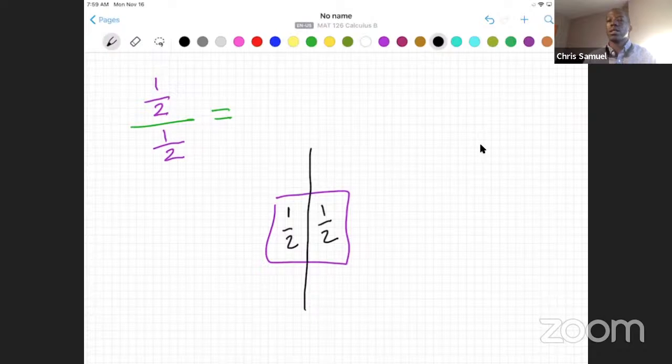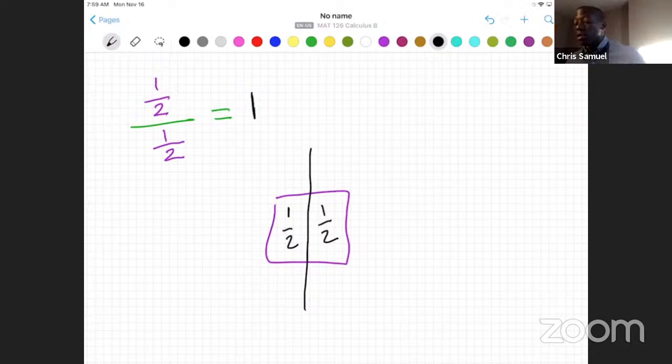Well, in my calculator, looking at the calculator, it's just 1 time. So this is very similar.